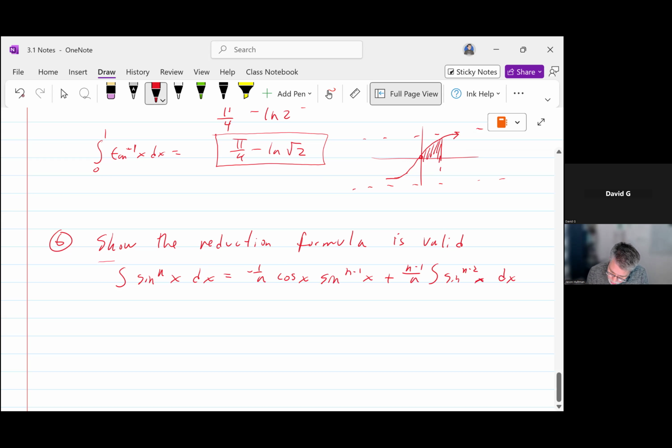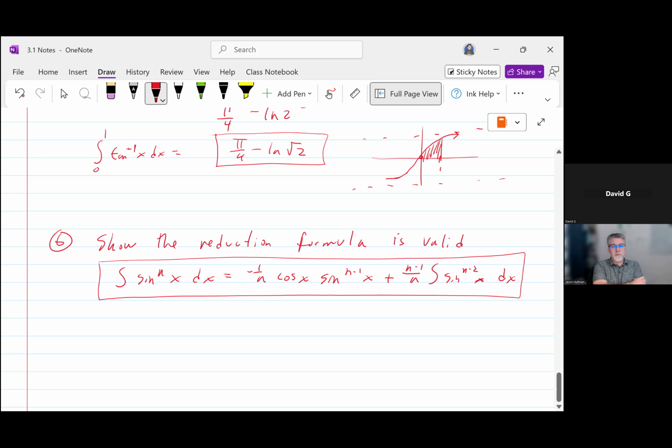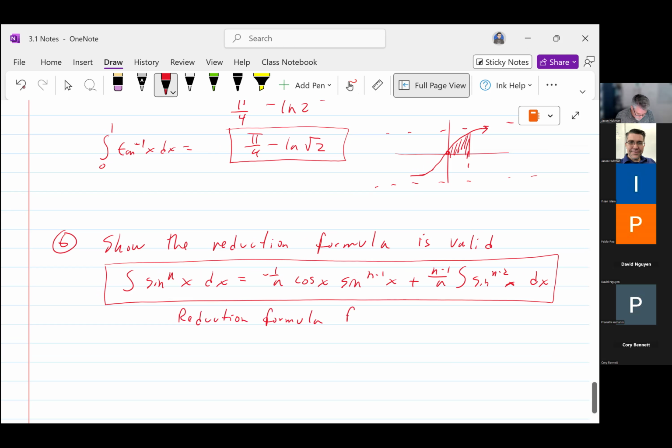So this is called the power reducing formula for integration of powers of sines. Okay, it's a reduction formula for the integration of powers of the sine function.